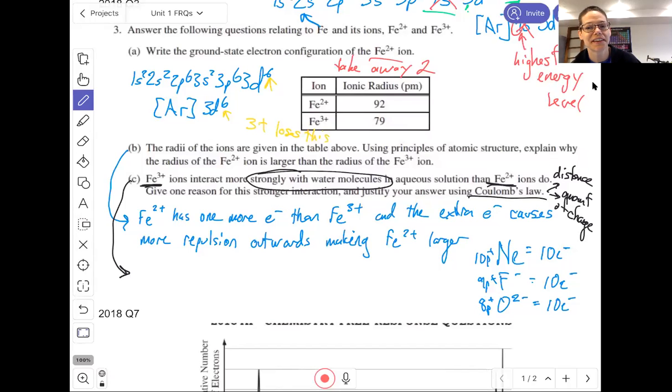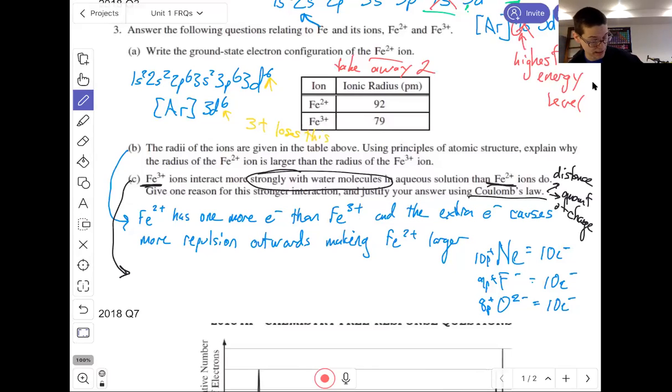Let it simmer. So you can answer this question correctly using either aspect of Coulomb's law. You just have to say it in a sentence. If you wanted to talk about distance, what would the correct answer be that explains why Fe3+ has a stronger attraction to water than Fe2+?